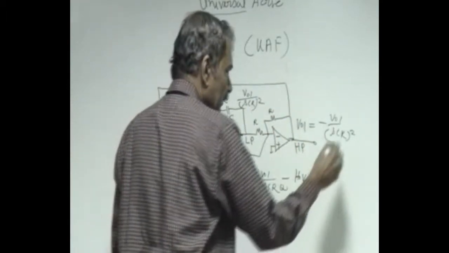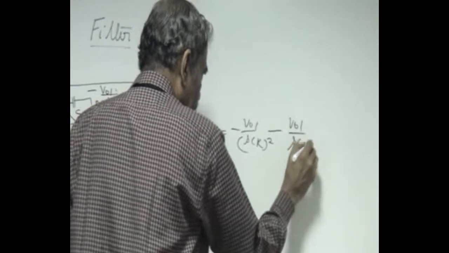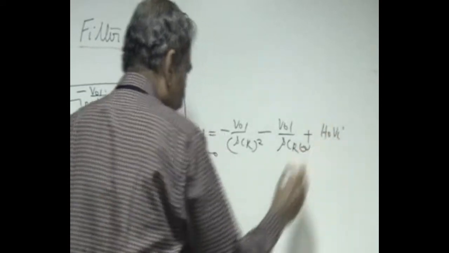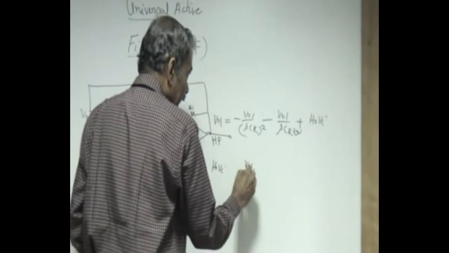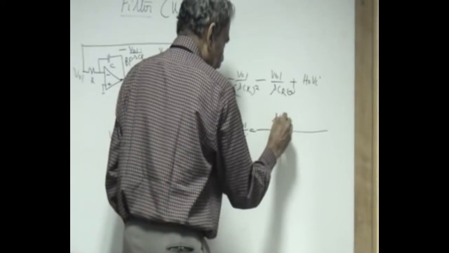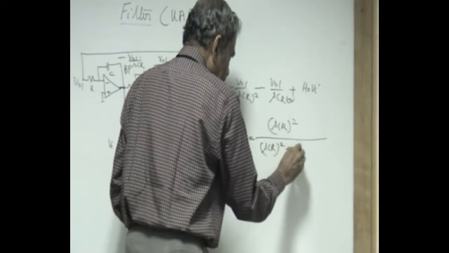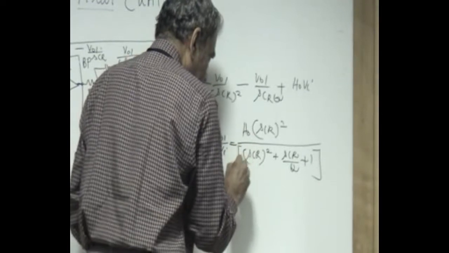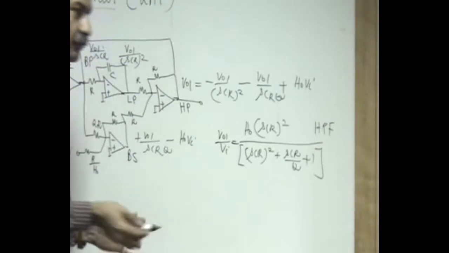Finally, this is inverting the whole thing and making it appear here as minus V01 by SCR cube, plus H0 into Vi. So now collecting the coefficient of V01, we get V01 by Vi as SCR square by SCR square plus SCR by Q plus 1, into H. This is called a high pass filter, or second order high pass filter.